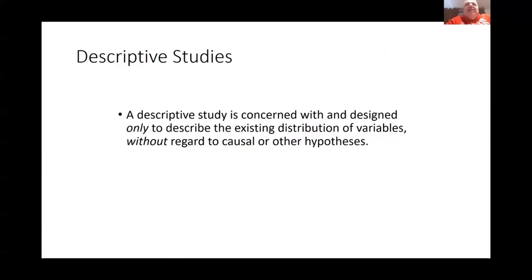So descriptive studies are observational studies that have one group. They do not have a control or comparison group. This descriptive study is concerned with and designed only to describe the existing distribution of variables without regard to causal or other hypotheses.